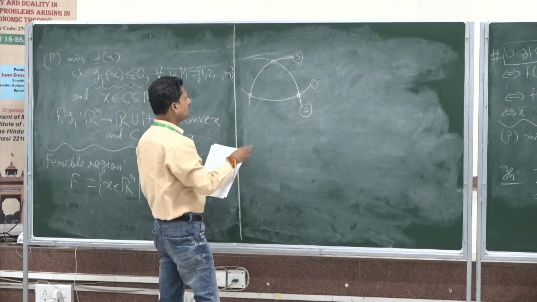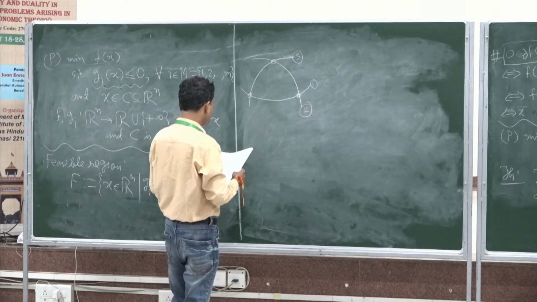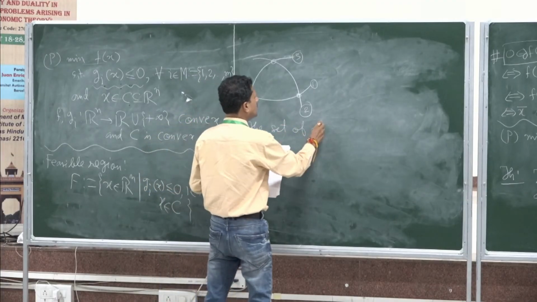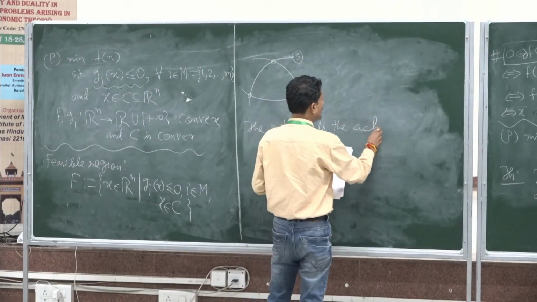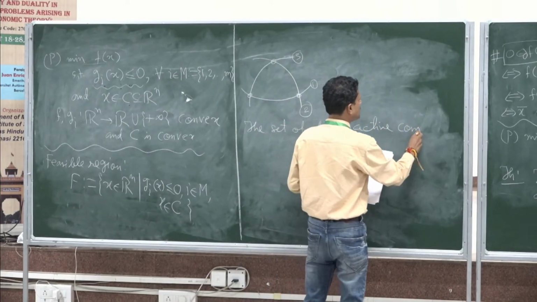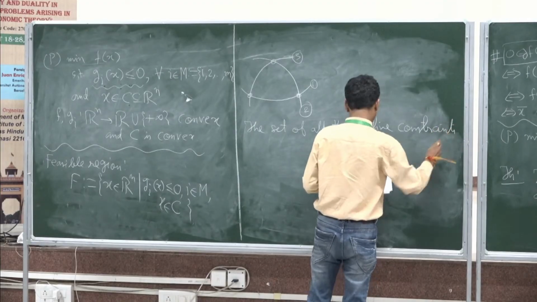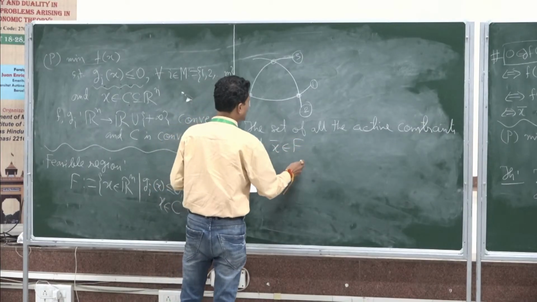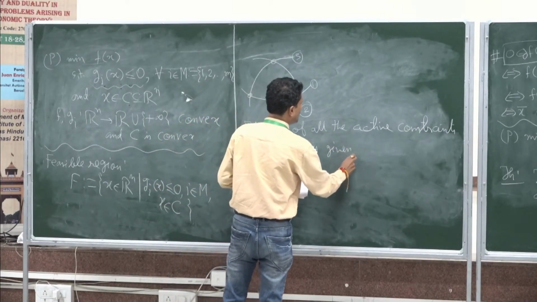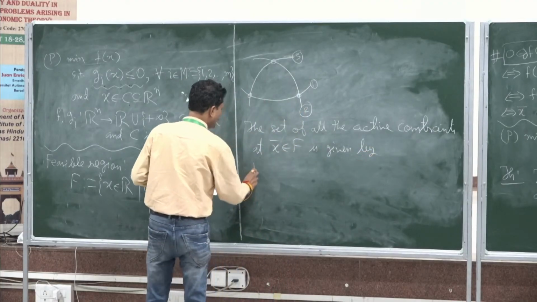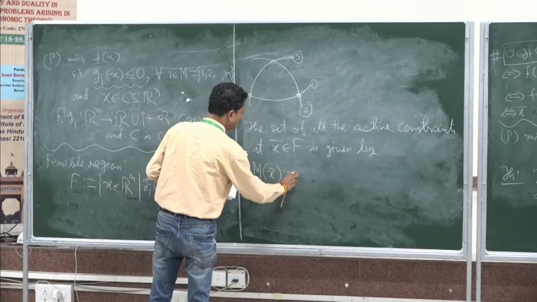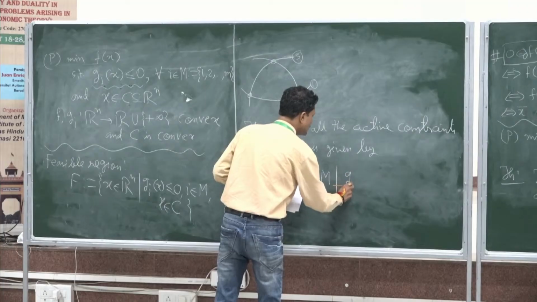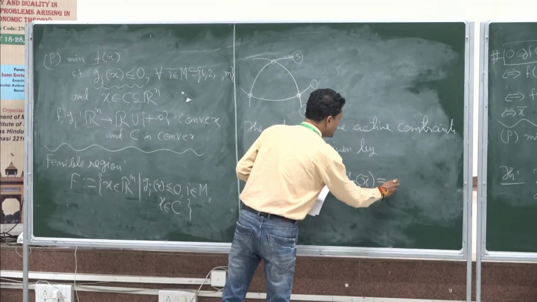So at a certain point x bar of the feasible region F, the set of all active constraints is given by M of x bar, which will be the indices in M such that g_i of x bar is equal to 0.